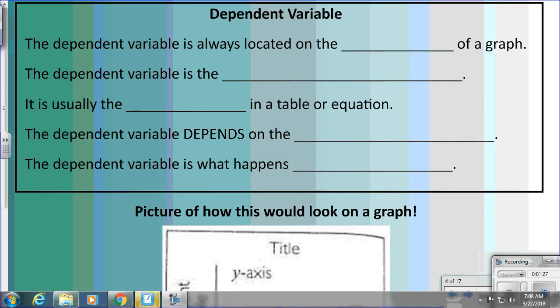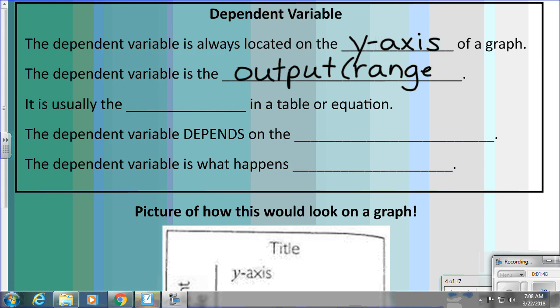Next, we learn about the dependent variable. The dependent variable is always located on the y-axis of a graph. The dependent variable is called the output, or it can also be referred to as the range.